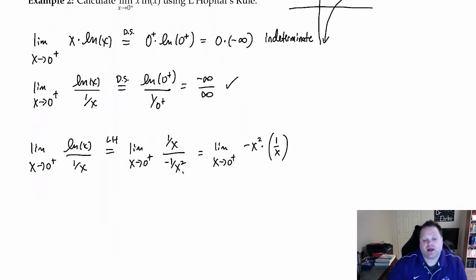Right? Dividing by this term is the same as multiplying by its reciprocal, which is negative x squared, times 1 over x. This is simply the limit as x goes to 0 from the right of the function negative x, which I can substitute the limit in for and is not indeterminate. If I plug in x equal to 0 at this point, so now I'm directly substituting the limit, I get negative 0, which is just 0. So the limit of this function as we approach 0 from the right is in fact 0.